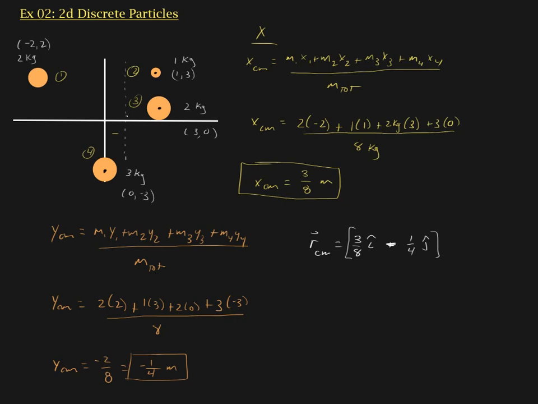But basically we have somewhere around here, so at this location right here is our center of mass, and so we have 3/8, minus 1/4 as the ordered pair for the location of the center of mass.